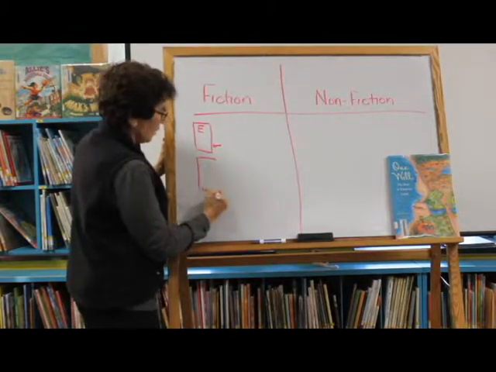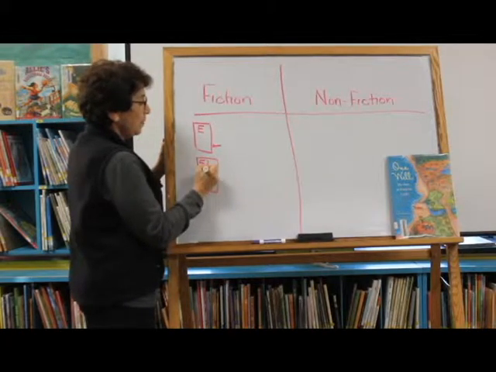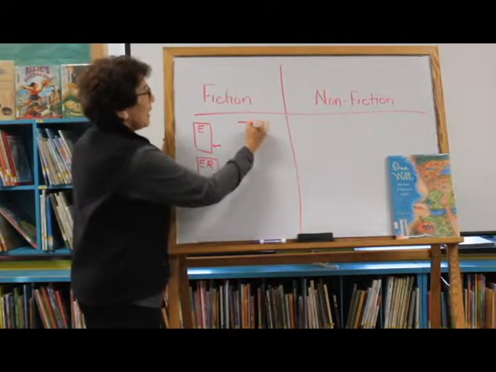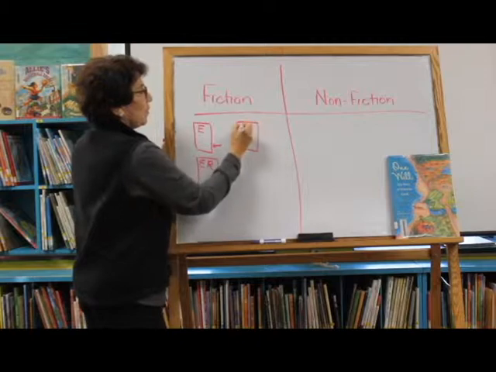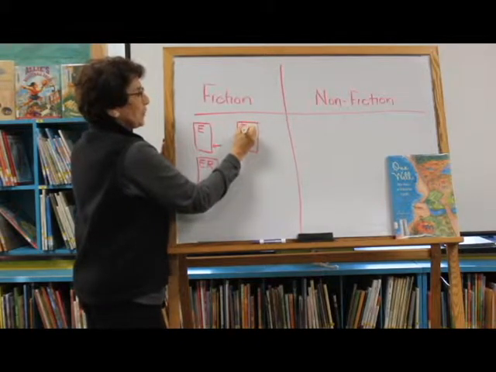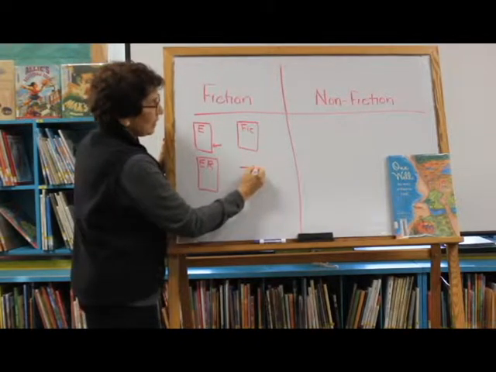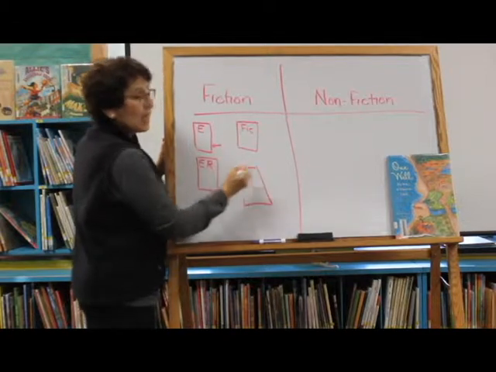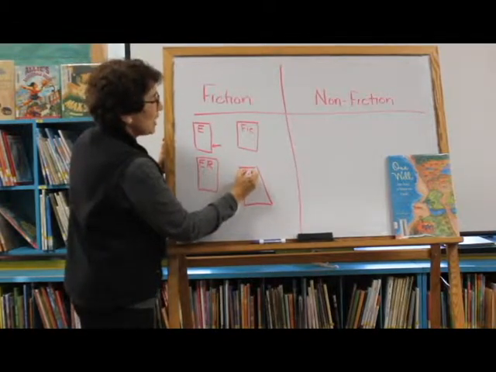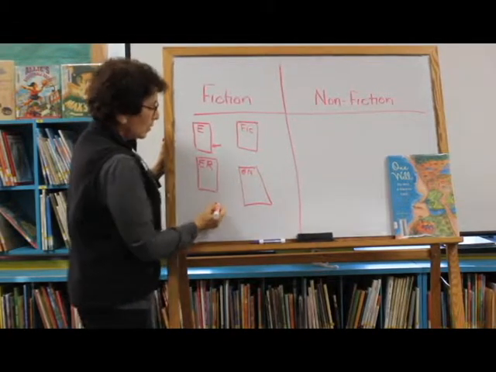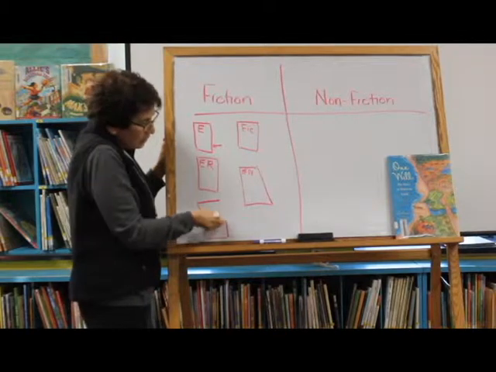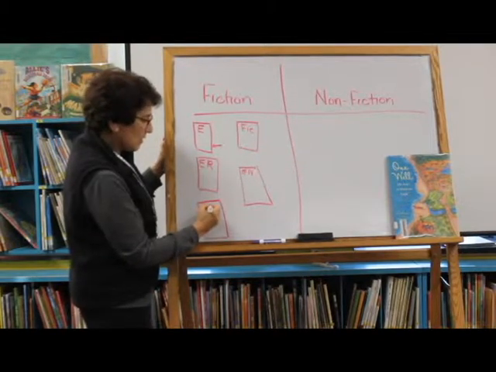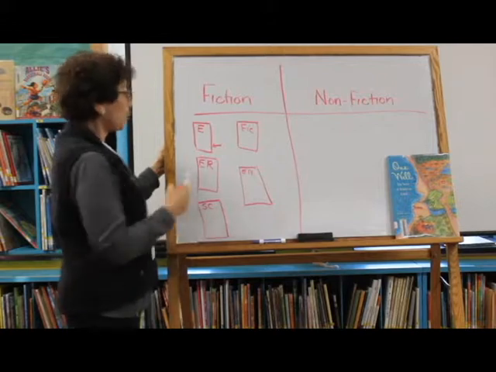It might have an ER, it might have a FIC, or it could have a GN, or even, as a little extra one, SC. I'll tell you what they all stand for.